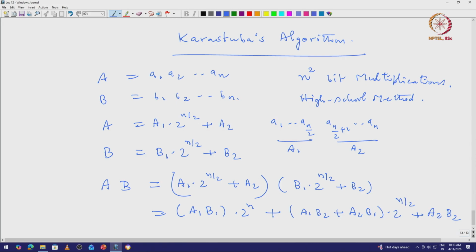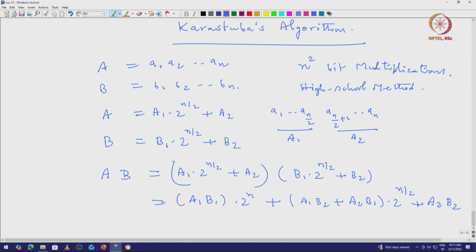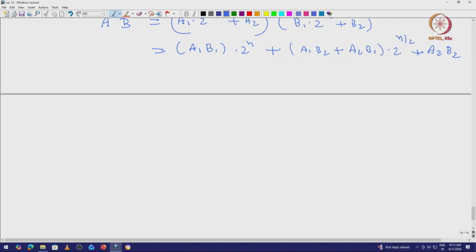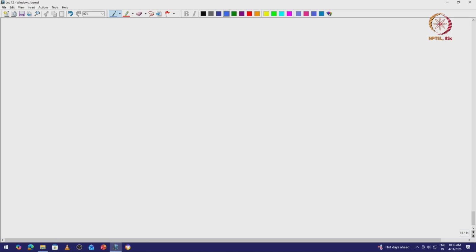Okay. So, we will write the quantities we want to compute in the following way. x1 is A1 B1, x2 is A1 B2 plus A2 B1, x3 is A2 B2.